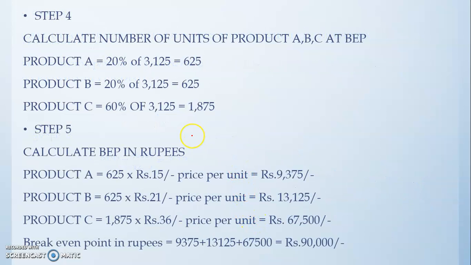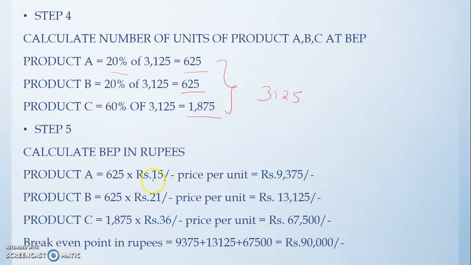Now we know that the sales mix percentage of A is given as 20%, which is 20% of 3,125, which is 625, 20% again for product B, which is 625, and 60% of product C, which is 1,875. So when you see the total, this will be equal to 3,125.